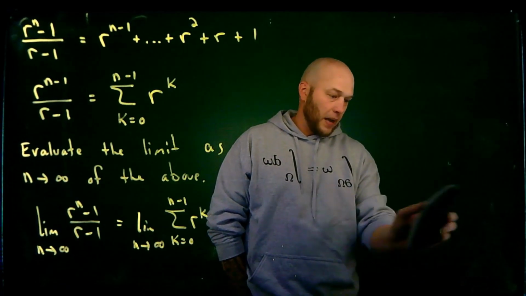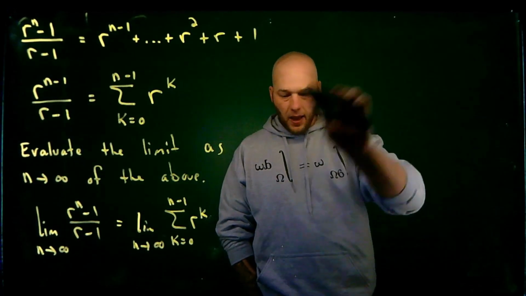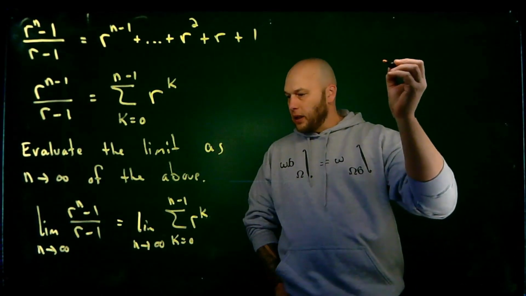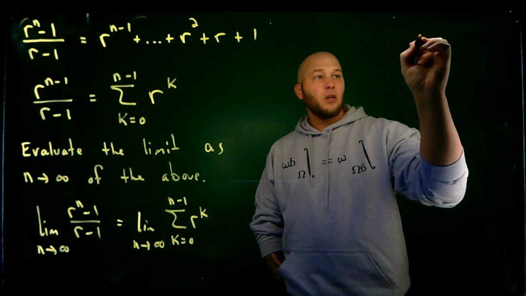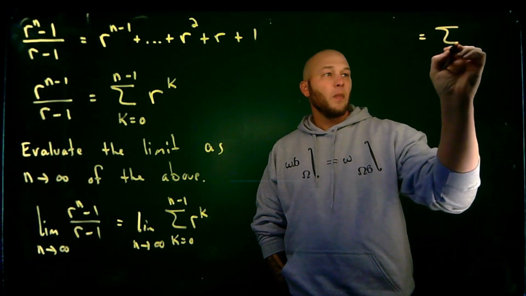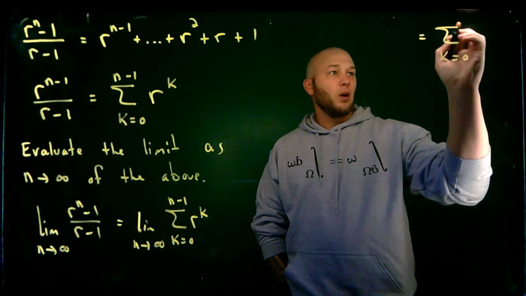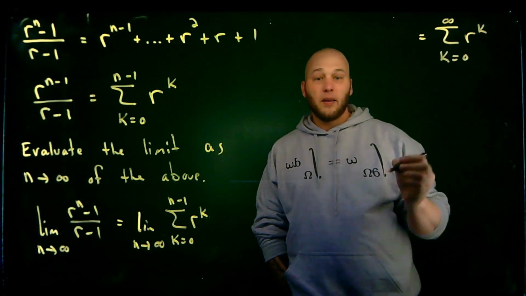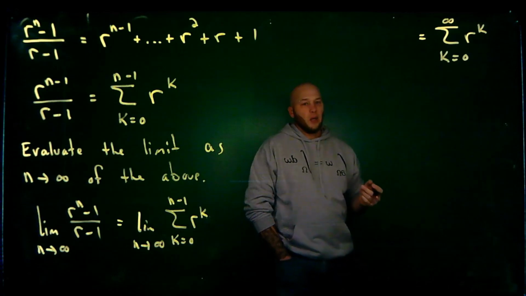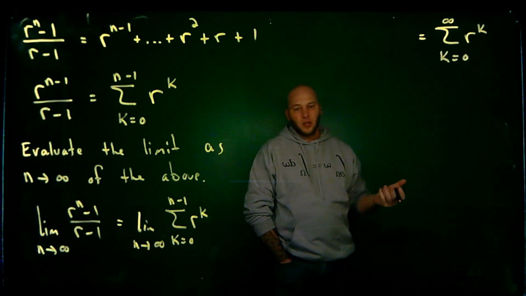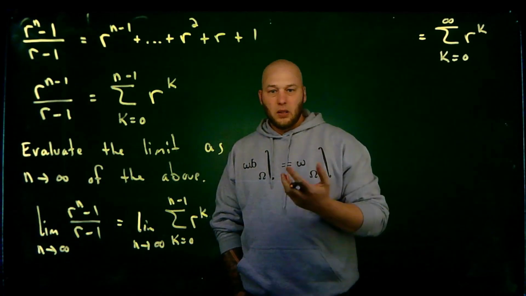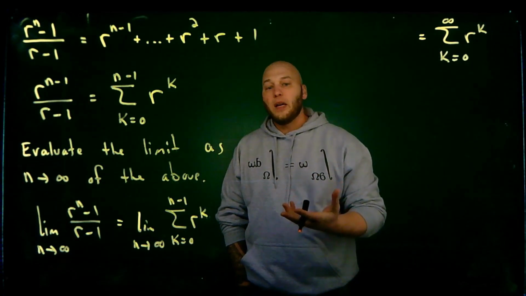So I do get my infinite series on the right hand side. Okay. Now let me go ahead and write that, and then we'll talk about the left hand side of that. So this is going to be equal to the sum from k equals 0 to infinity of r to the k. And that should look very similar, other than the missing coefficient of a, which is just a constant multiple. Looks just like this infinite series we have in the geometric series.